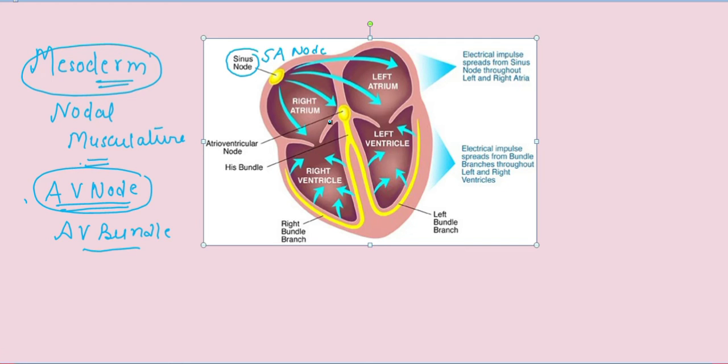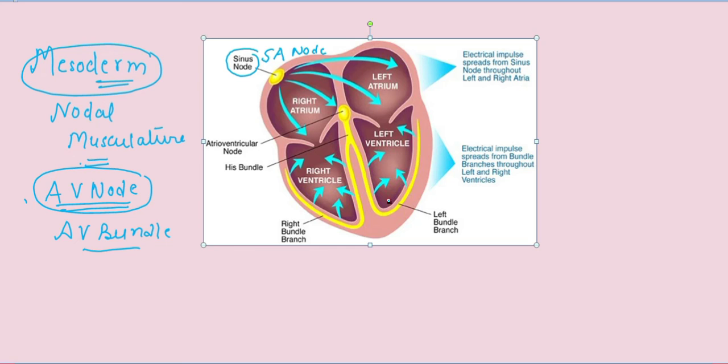It passes through the atrioventricular septum and emerges at the upper part of the interventricular septum, and from here it immediately divides into the left bundle and right bundle.